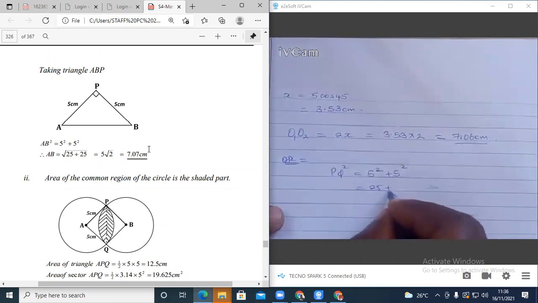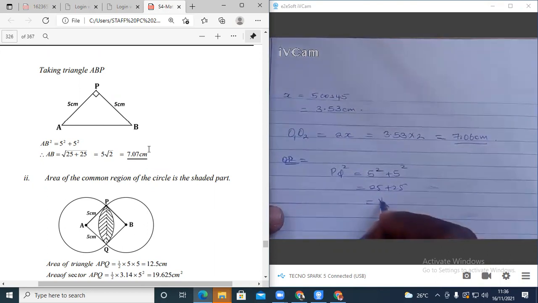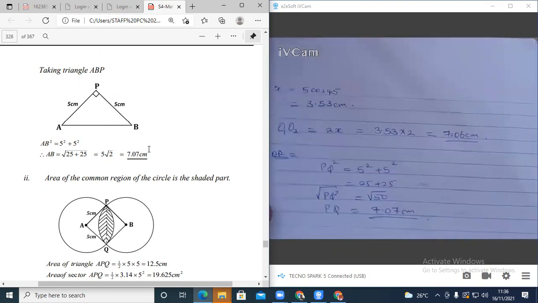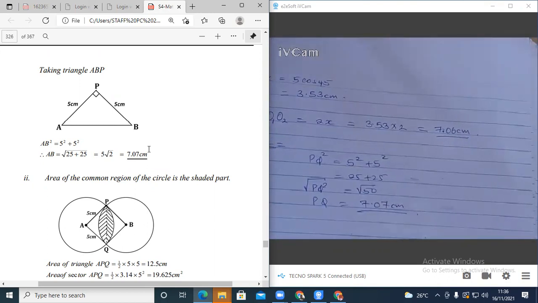It's 25 plus 25, which is 50. So the square root of 50 is what they want, which is 7.07 centimeters. So that is also another way you can get PQ.